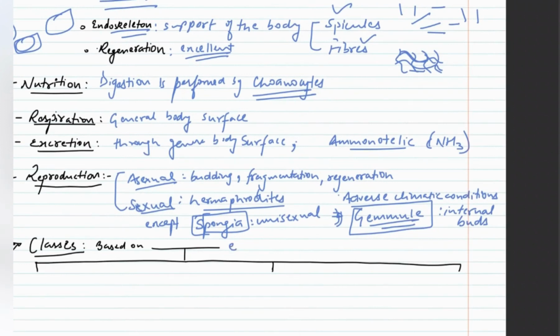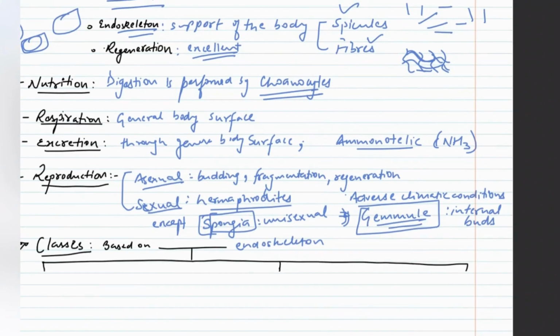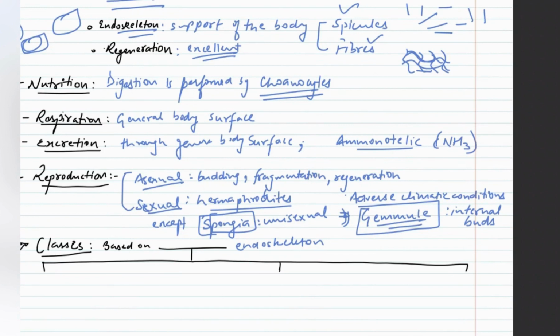Now, the classes are based upon the endoskeleton. There are three classes based upon the endoskeleton. First is known as Calcarea.